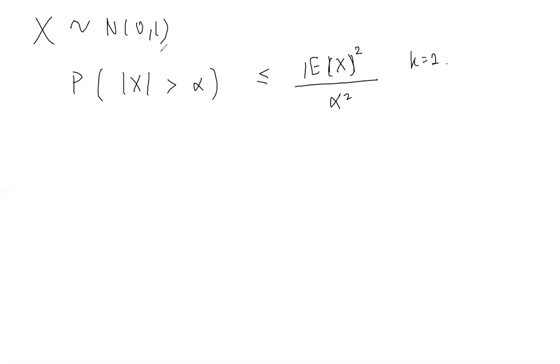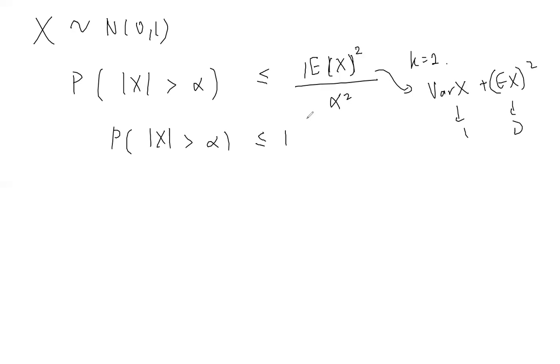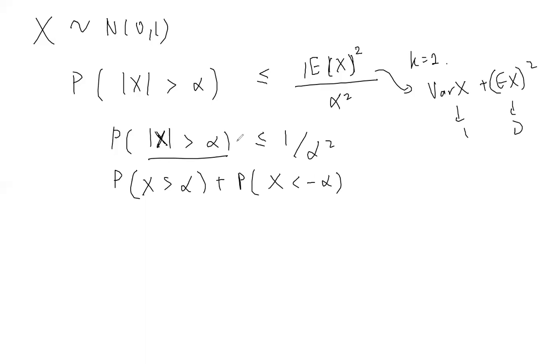So over here, I know that my expectation of x squared is basically 1, because your mean is 0. So this is the variance of x plus the expectation of x squared, so this is 1 and this is 0. So basically you have 1. I know that this is bounded by 1 over alpha squared. But this one is basically the same as this, because of symmetry.